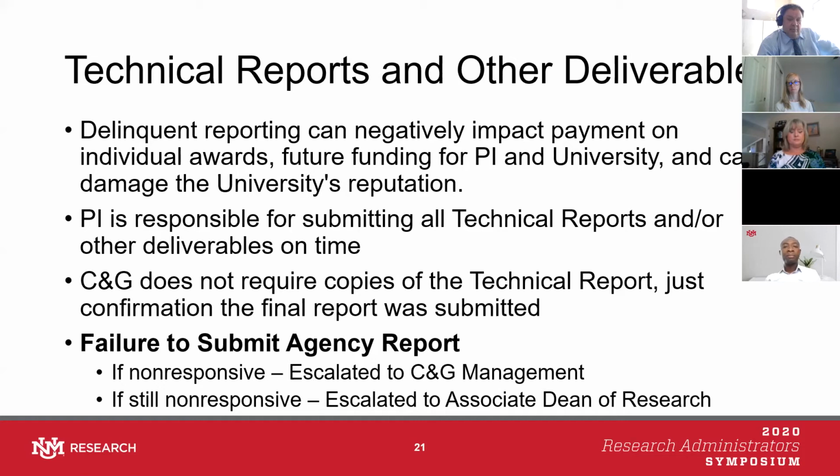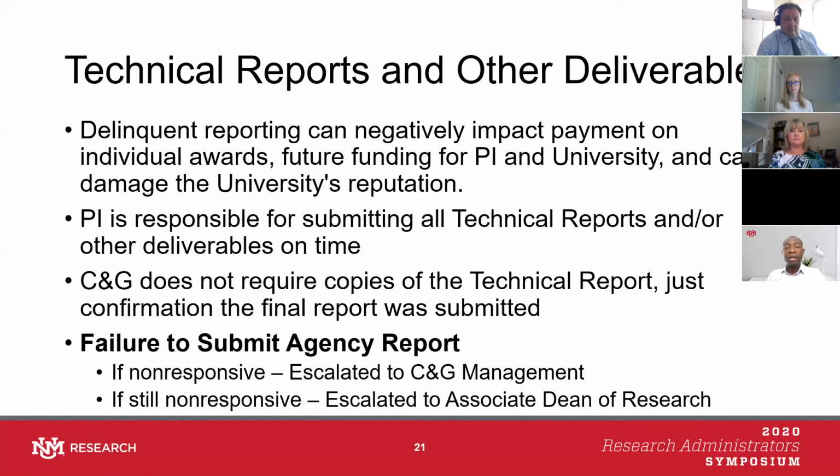As you can see here, it is the responsibility of the PI to make sure that these reports are submitted on time. There are a few cases where we have difficulty making sure that the reports are submitted on time. When situations like this happen, we escalate this: your fiscal monitor will let CNJ, contracts and grant management, know.